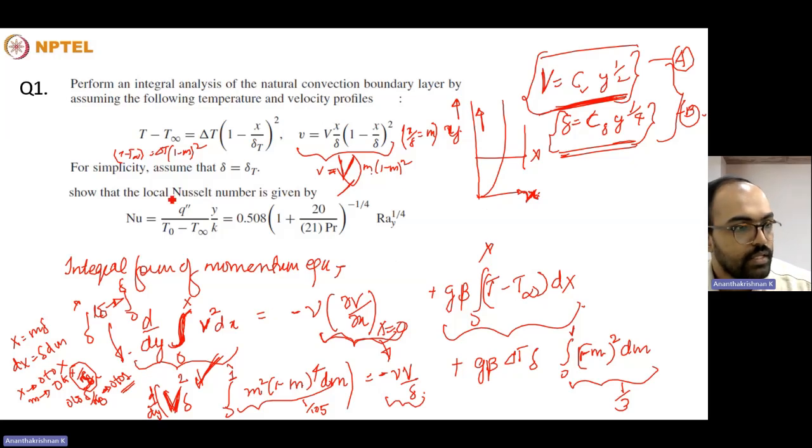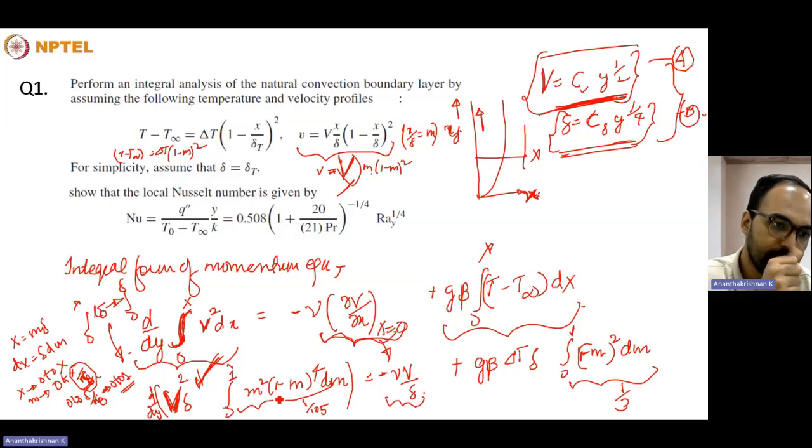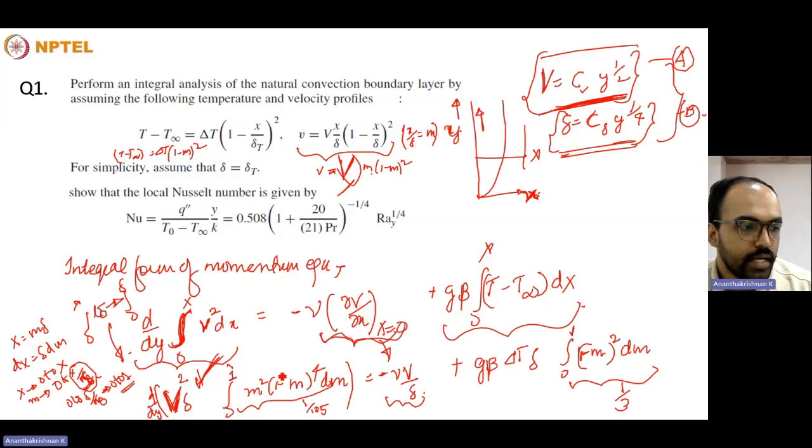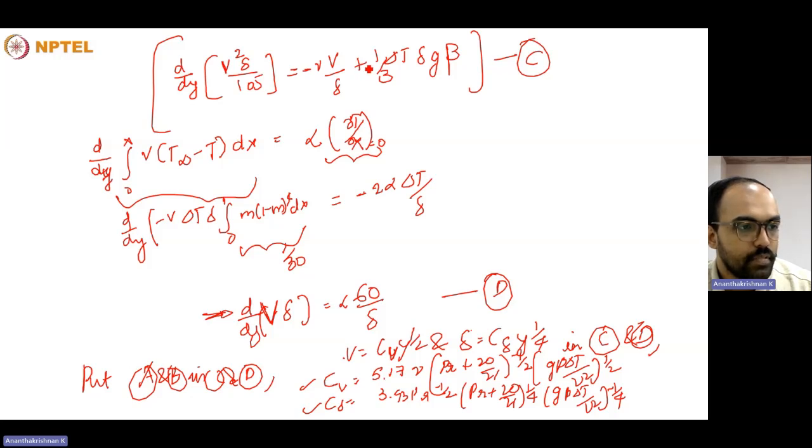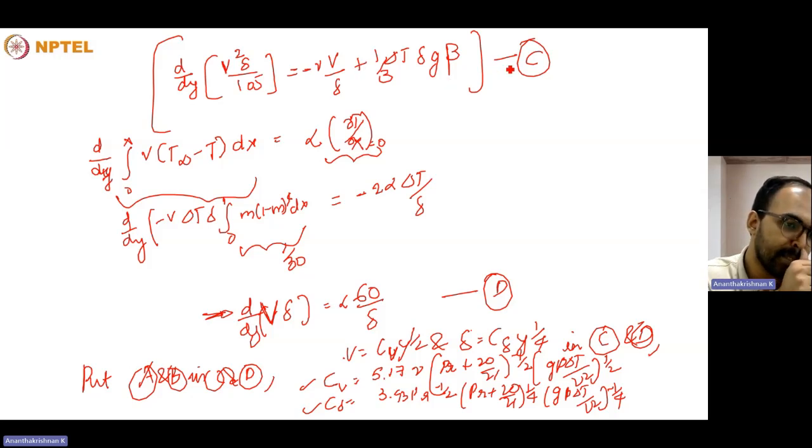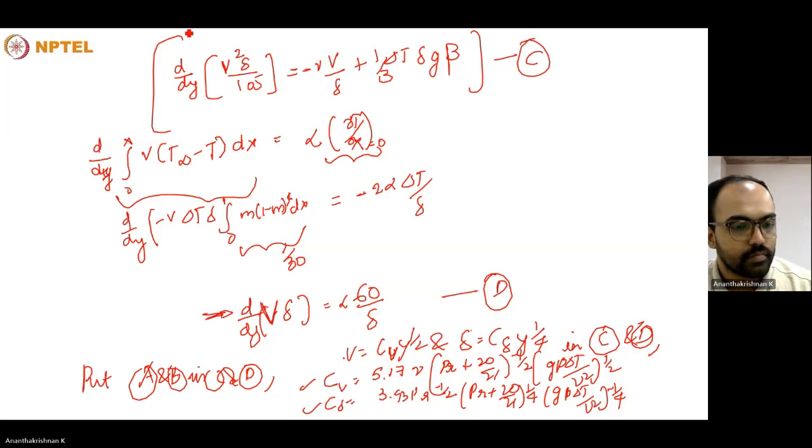We substituted the similarity profiles in the form of a third variable, so once we integrate, we get the simplified form of these equations, in terms of V and delta. Unlike forced convection where the reference velocity was the core velocity or free stream velocity, here there is no reference scale for the velocity. For that, we have to do the scaling analysis that was done in the previous week's lecture.